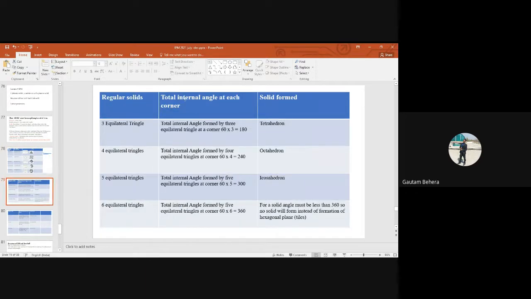Just imagine. So what will happen? Total internal angle at each corner. So total internal angle will be how much? Total internal angle will be the calculation 60 times 3, right? Because the internal angle in a triangle is 60 degrees. So we have three triangles, so 60 times 3, that is 180, right? So if this is the situation, then the solid formed will be a tetrahedron.